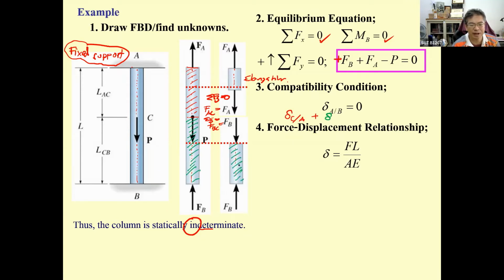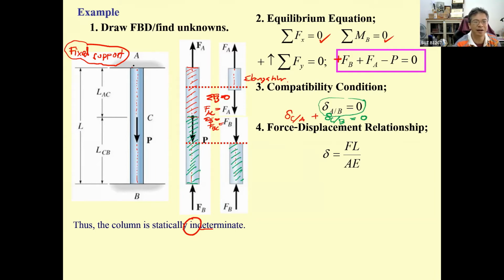This is going to be the delta at point C with respect to B. They are going to be 0. Okay, and you may just write it.